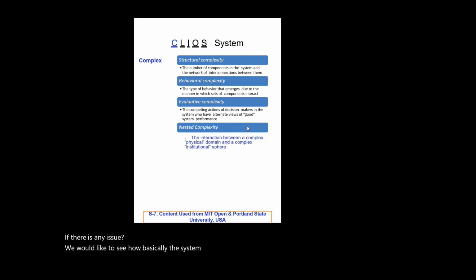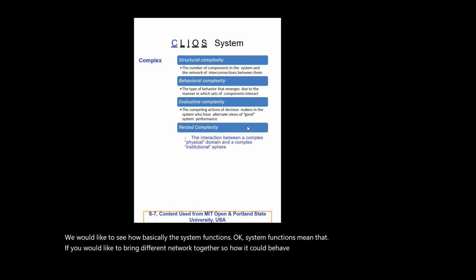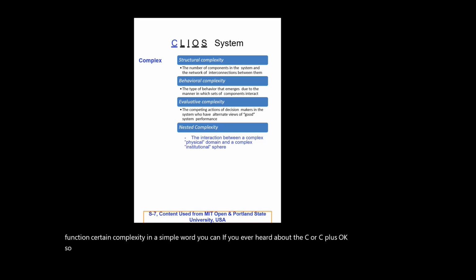Okay, system functions mean that if you would like to bring different networks together, how it could behave and function. Structural complexity, in a simple word, if you ever heard about C or C++, okay? Yes, sir. So whenever we use the loop command, okay? So for example, if we have a power cut or power failure, use that specific situation to use the current from the direct DC or AC.